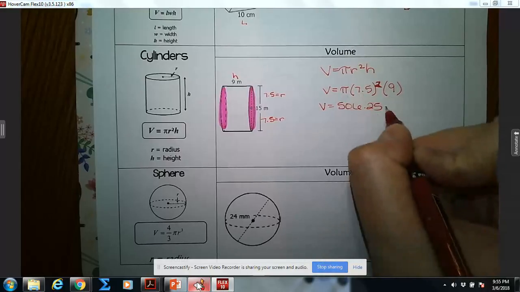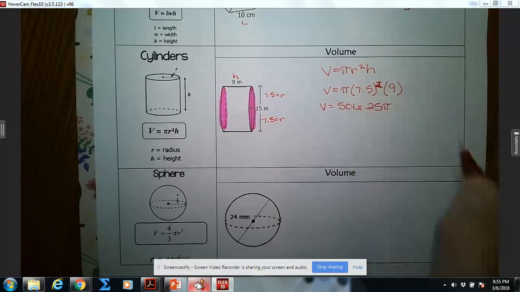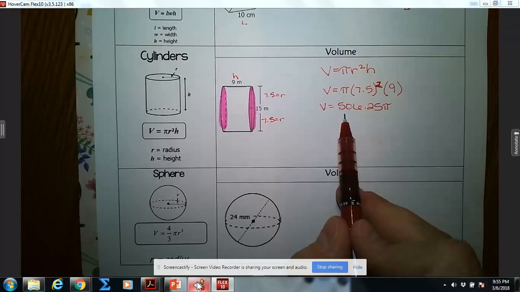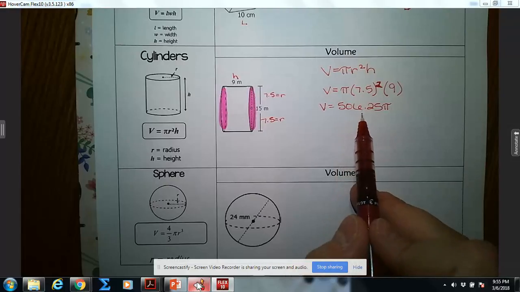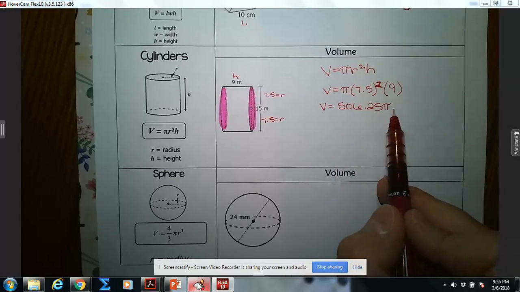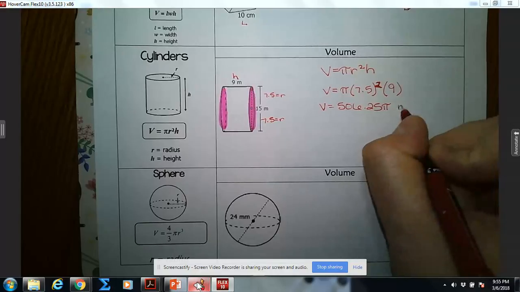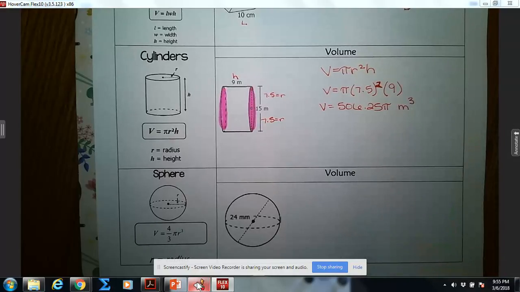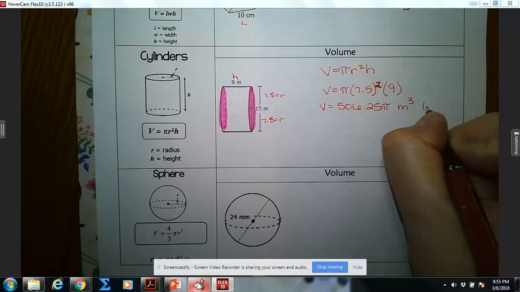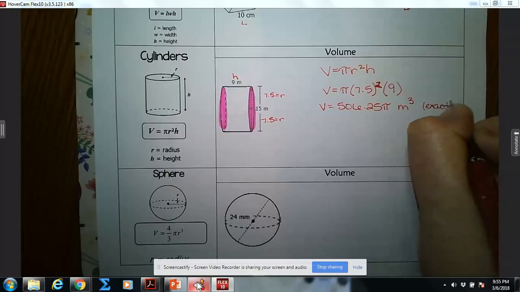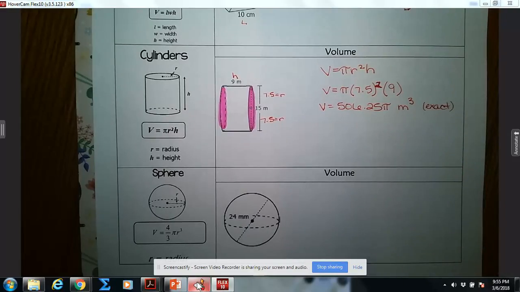Pi has not been used yet, so it's still part of the number. So this is 506.25 pi meters cubed. That's our exact value, which is not super helpful if you're really trying to say how many cubes fit inside that cylinder.